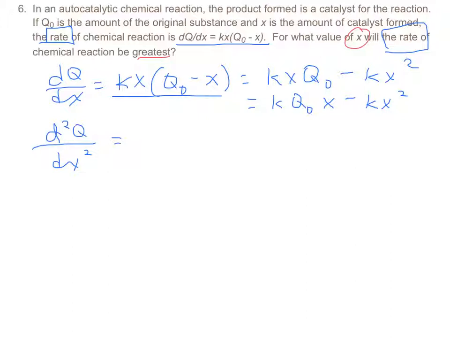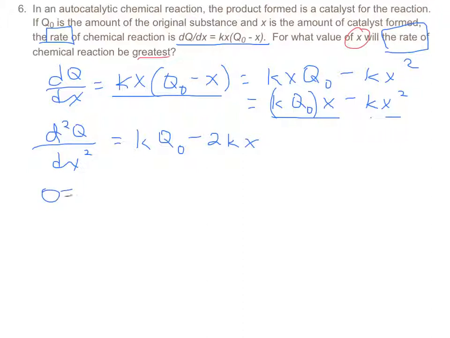Then the derivative of this piece, where k and Q sub 0 is the coefficient, will just be kQ sub 0. And then here we have x squared with a coefficient of k, so that's going to be minus 2kx. That's our derivative. We want to set it equal to 0 and solve.